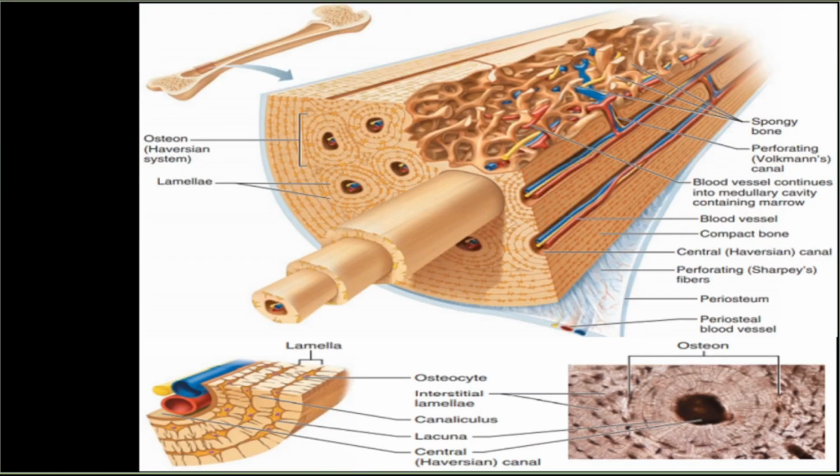On the other aspect, if we look into the microscopic structure of your bone, in this instance your compact bone, your compact bone is composed of your haversian systems, or what we call your osteons. You can see this is your osteon or the haversian system. Take note, this is your microscopic structure.